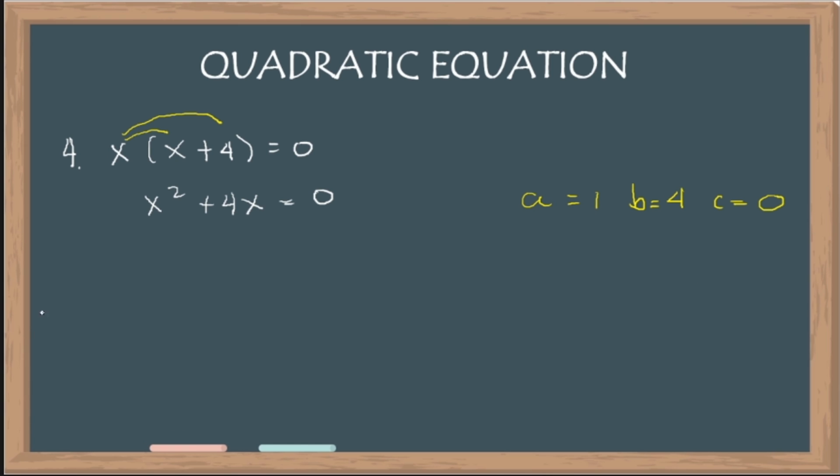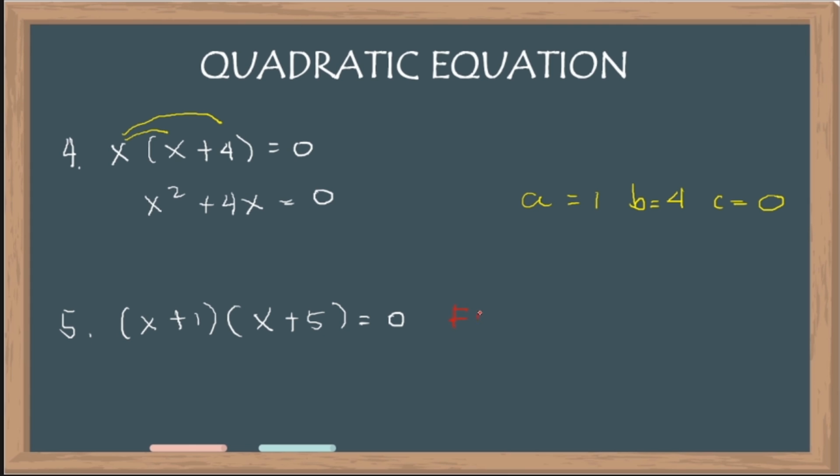Let's have number 5. Let's say we have x plus 1 times x plus 5 equals 0. O, sa unang tingin, akala mo iyan ay linear equation kasi wala namang exponent na 2. Pero, if we apply multiplication of binomials using FOIL method.